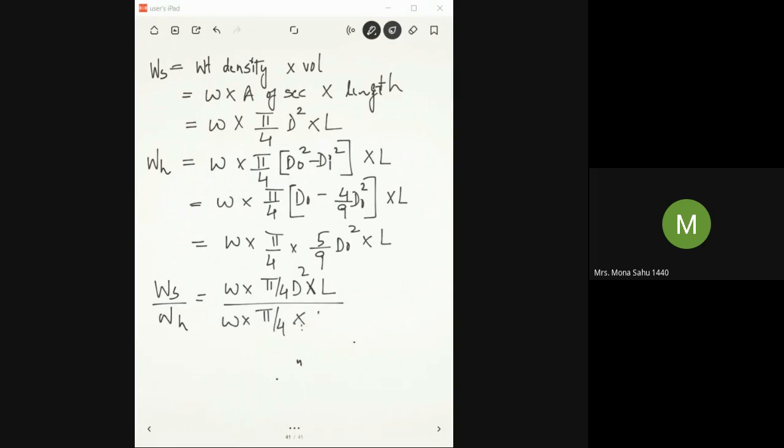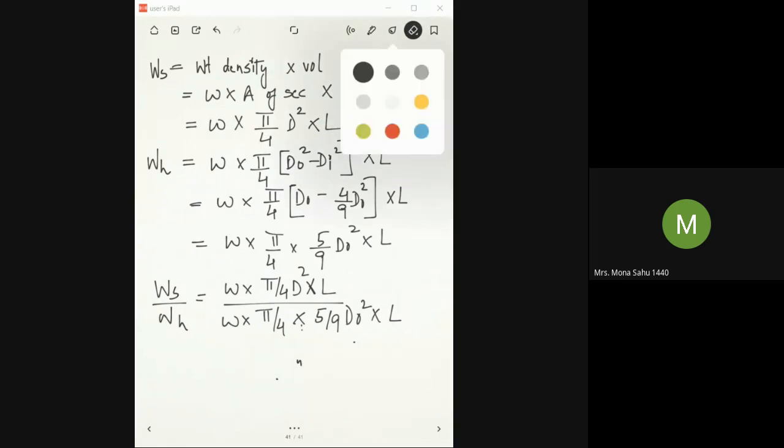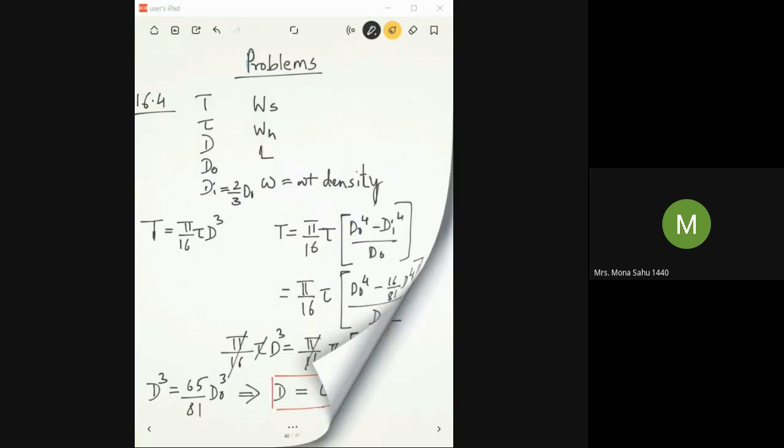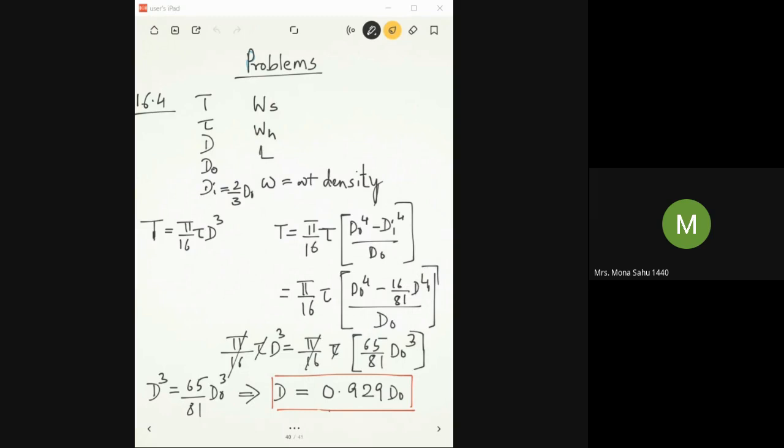It's very simple. If you have any doubts, please let me know. So cancel. We know what D is, we can substitute it as 0.92.